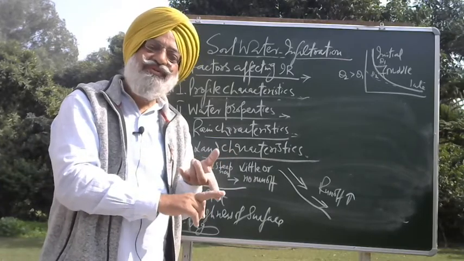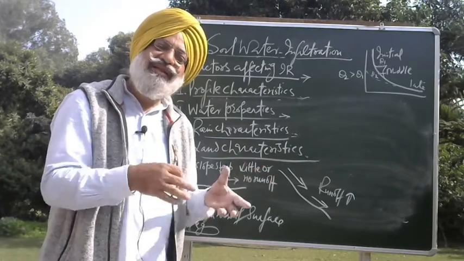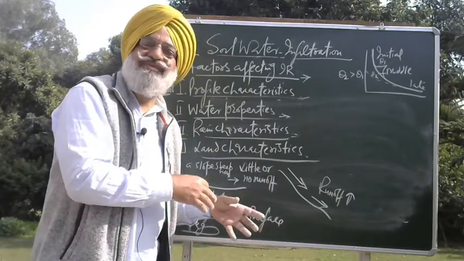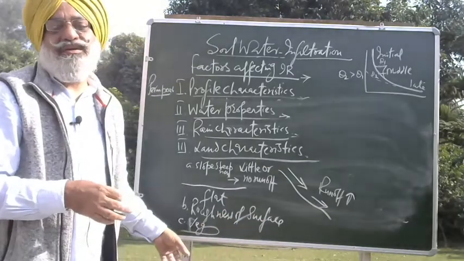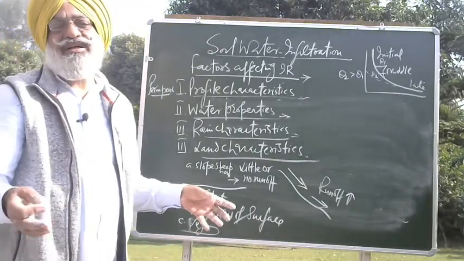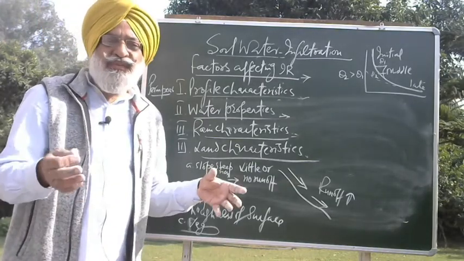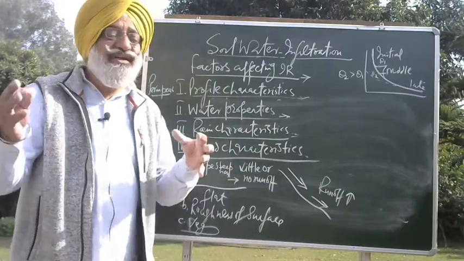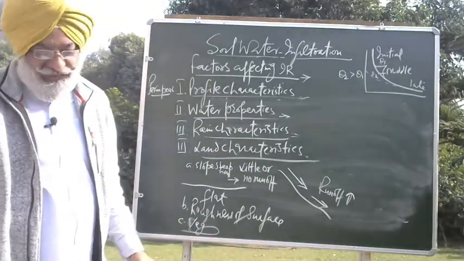Number two, the roots of the grass make the soil porous, so infiltration rate is higher with the same texture of soil. This is the role of vegetation. Similarly, instead of grass, you could have any type of crop cover. Crop cover always protects the soil from crusting, and infiltration rate could be higher, provided the land slope is similar.